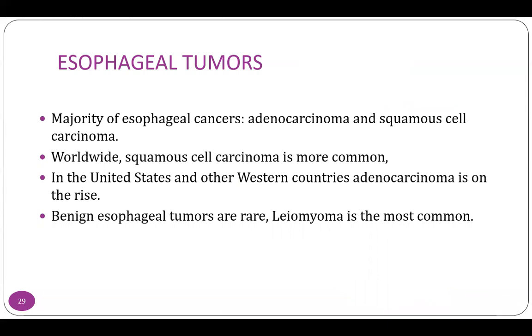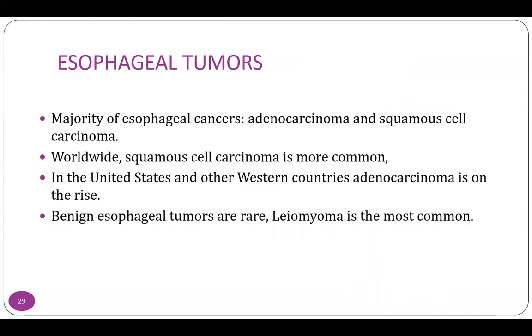The most common benign tumor in the esophagus is the leiomyoma. We can see some other types of tumor like neurofibroma, neurolymphoma, benign lymphocytic lesions, whatever. But usually the most common one is the leiomyoma.